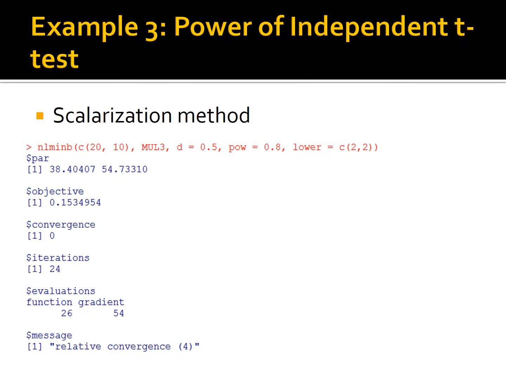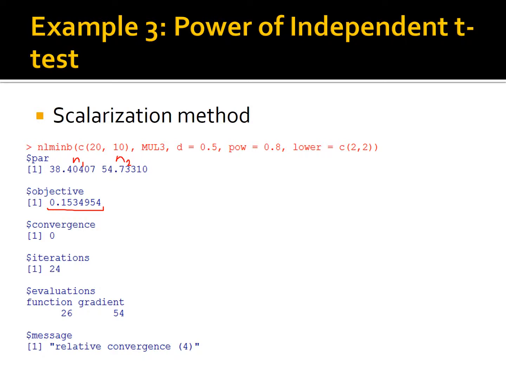So when I ran this, I got n1 equal to 38.4 and n2 equals 54.7, and the objective is 0.15, which makes me a little curious. So let's see the observed power.